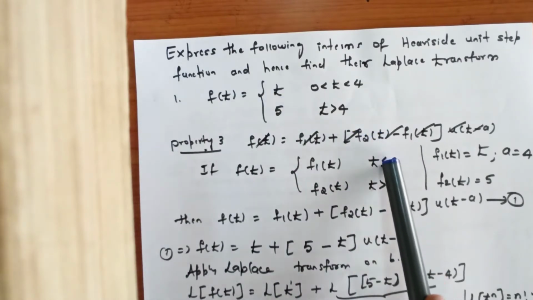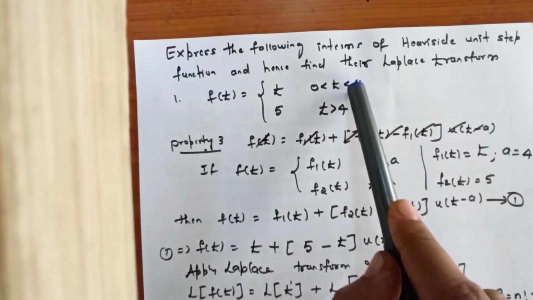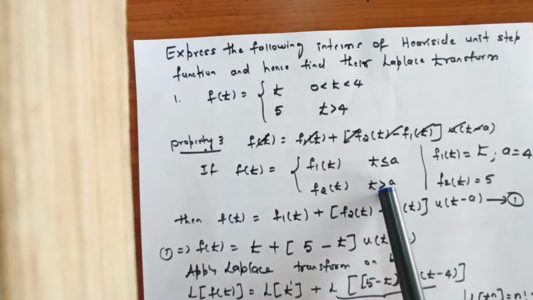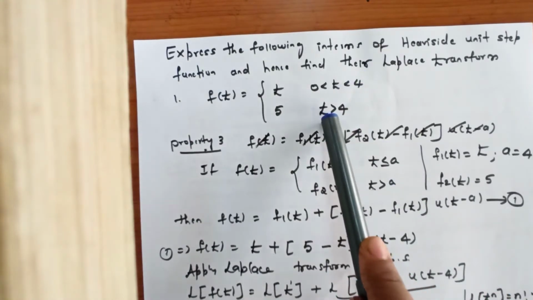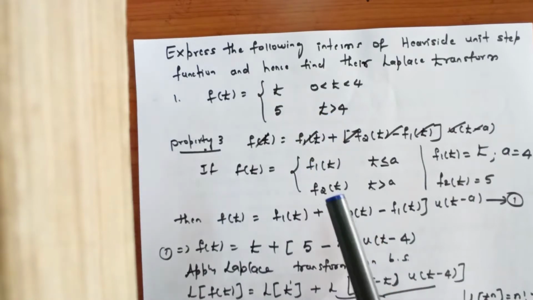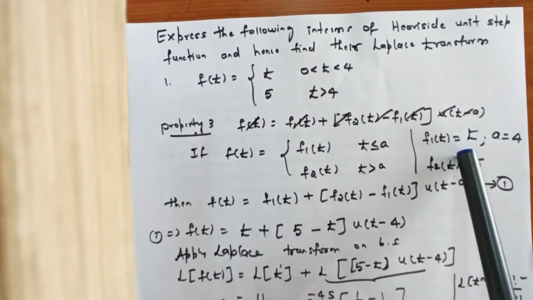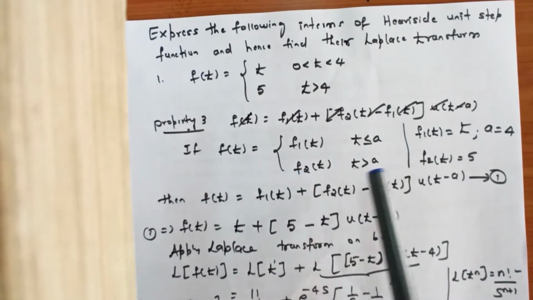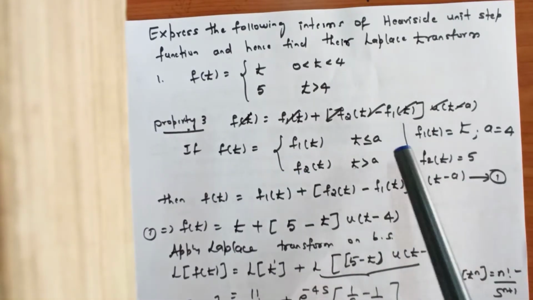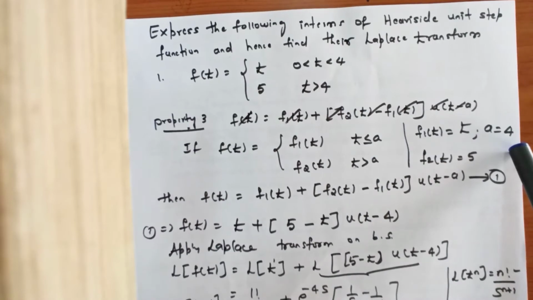Here t is less than 4, and t is greater than 4. Now we have identified our function f1 of t, which is equal to t, and f2 of t, which is equal to 5, and we have a constant a equal to 4.